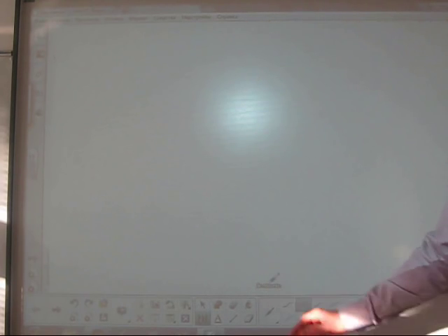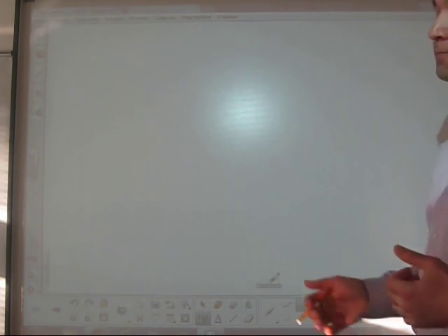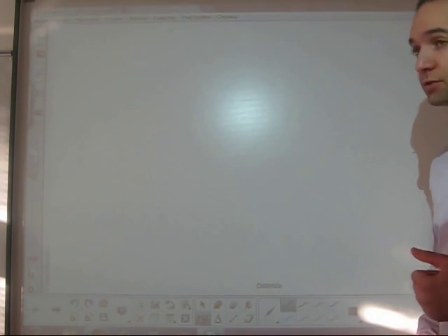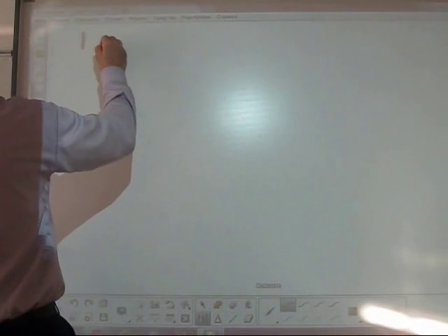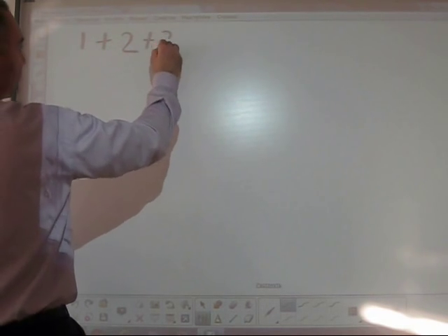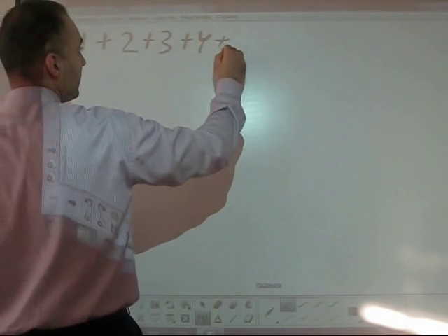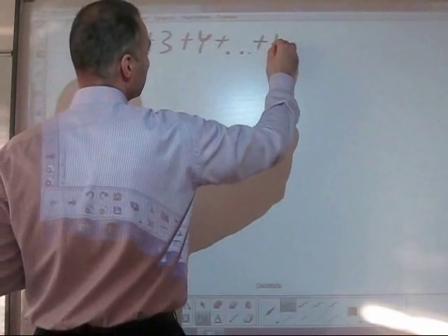Now I want to get a little deeper into it and try to solve this problem for any number. 1 plus 2 plus 3 plus 4 plus etc. plus n.